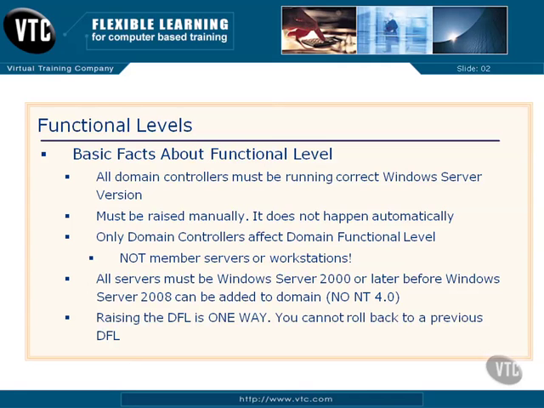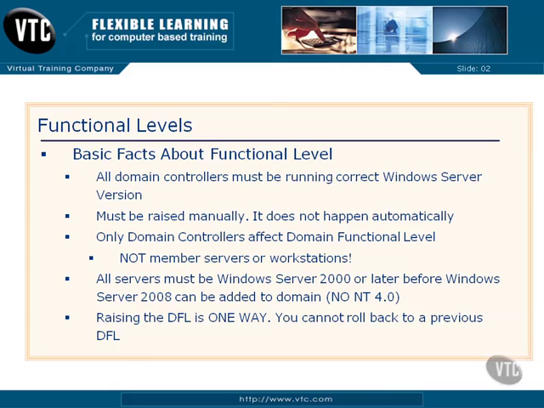Then here's another one you have to watch for. Once you raise the domain functional level, or even the forest functional level for that matter, it is a one-way change. You cannot roll back to a previous level. You have to start rebuilding Active Directory all over the place. That's not going to be a good week. Really the rule is you don't want to raise to the next functional level just because you have all your servers at that point.